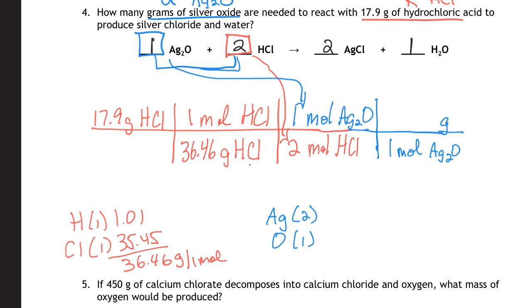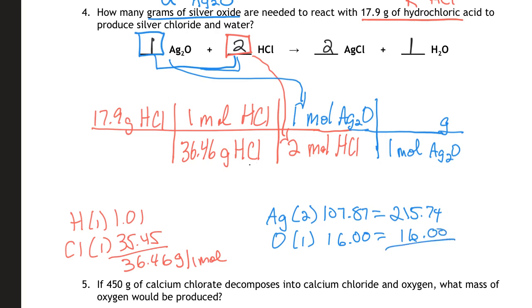Silver weighs 107.87, looking on my periodic table. Oxygen is 16. The total weight of the silver is going to be 2 times 107.87, which is going to give me 215.74. Total weight of the oxygen is 16.